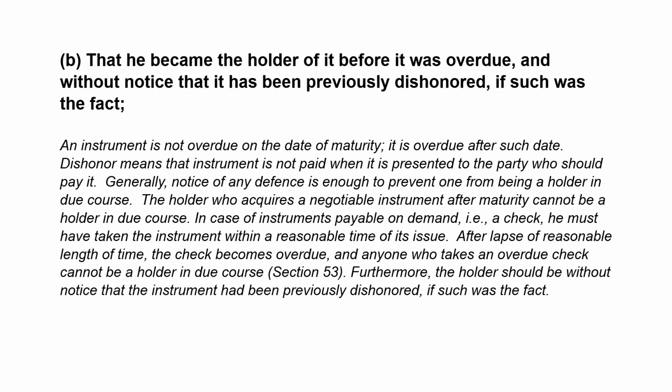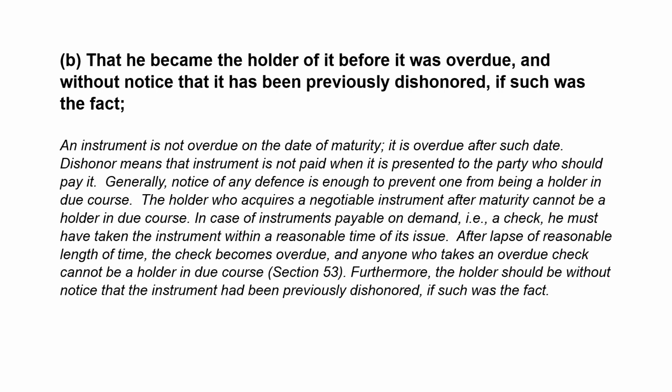So, ibig sabihin, pag dishonor ang instrument, ay hindi pumipirma yung maker sa promissory note or yung drawee sa bill of exchange. So, pag hindi sila pumirma, hindi malalaman ng future endorsees or future holders kung yun ay na-dishonor na o hindi kasi walang pirma. Diba? So, yun ang requirement sa letter B.